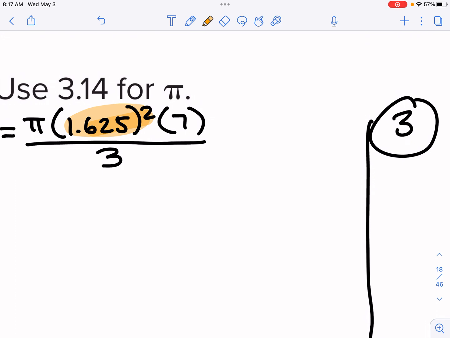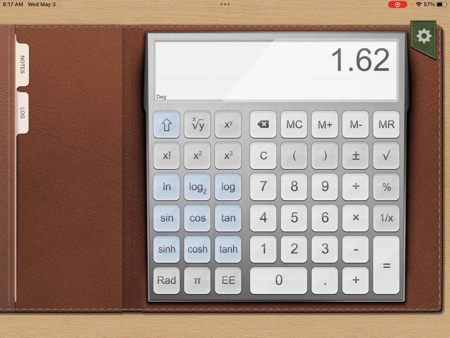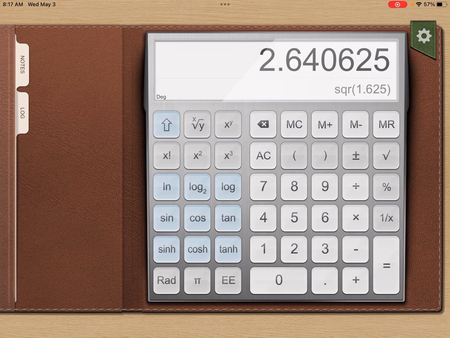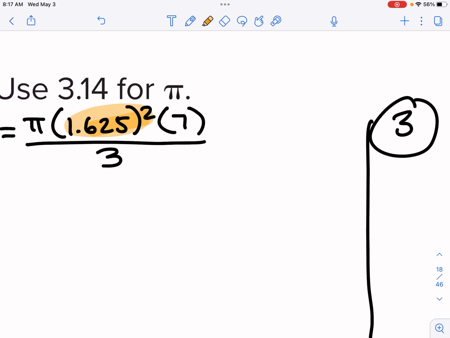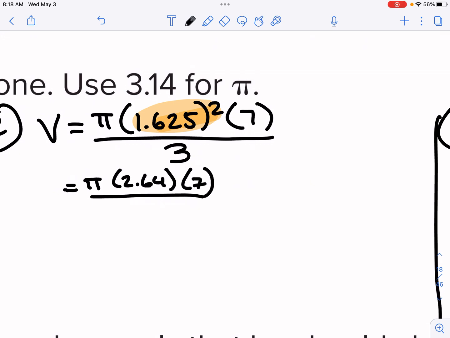So 1.625 times 1.625. I'll just press the squared button. And this we will round to the hundredths place. So we'll say this is 2.64. I know I'm saying dollars, it's not really dollars, but just so we can get an idea of what this number represents. 2.64, big fraction bar, 2.64 times 7 divided by 3.